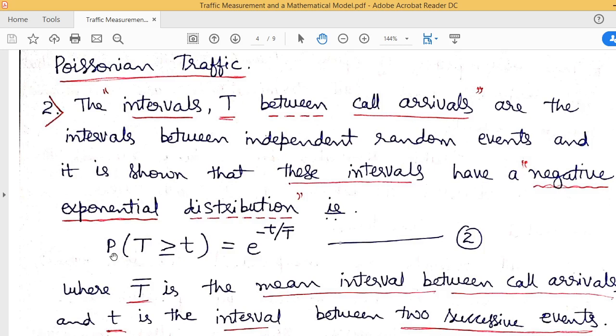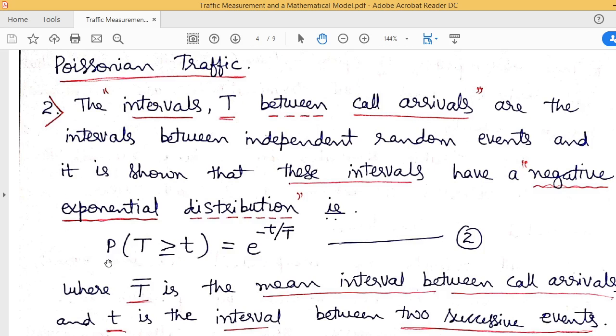Accordingly, we can write P of t greater than or equal to t equal to e power minus t by t bar, where t bar is the mean interval between call arrivals and t is the interval between two successive events. We will come to know the difference between t bar and t when we solve one example.